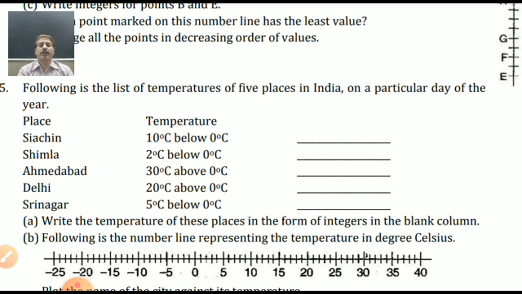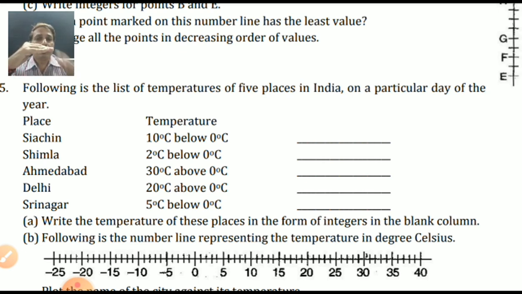Simla, 2 degrees centigrade below 0 degrees centigrade. Ahmedabad, 30 degrees centigrade above 0 degrees centigrade. Yes, this is the temperature. You may have heard it in the news or newspaper. Yes, news channel also is there. Or some books also, you can find these types of things.